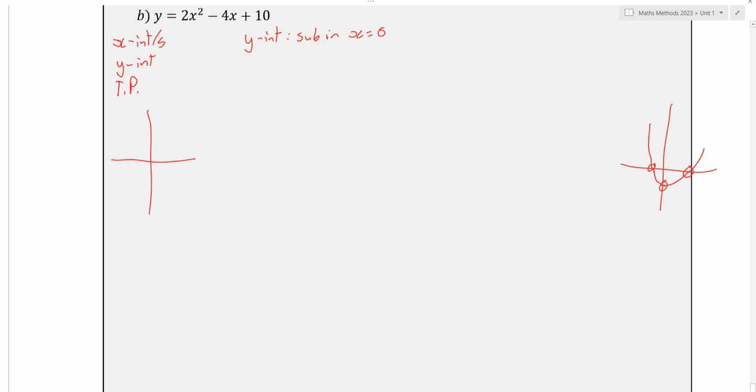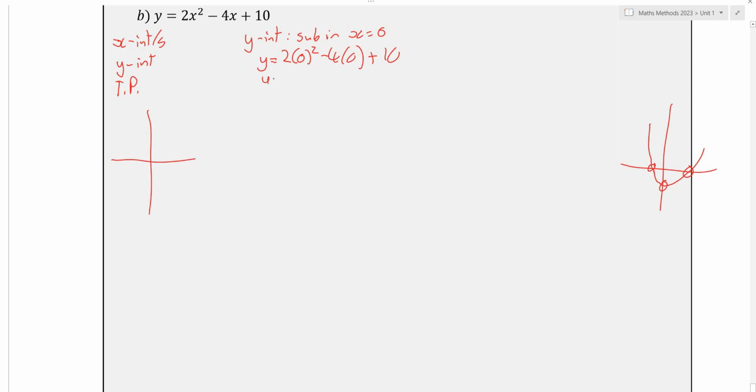For the y-intercept, yeah. Then you just sum it. 0 squared is 0, 2 times 0 is 0, 4 times 0 is 0.